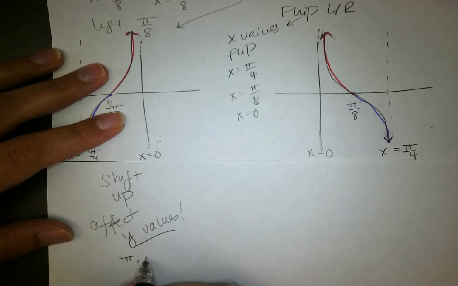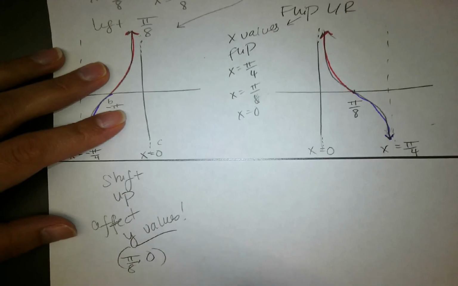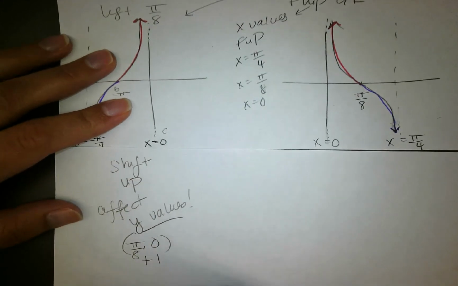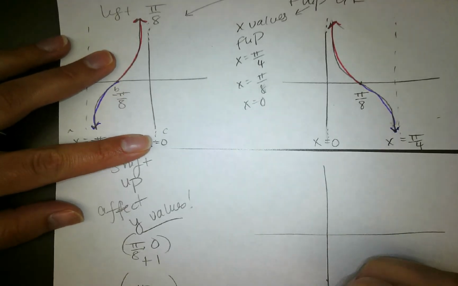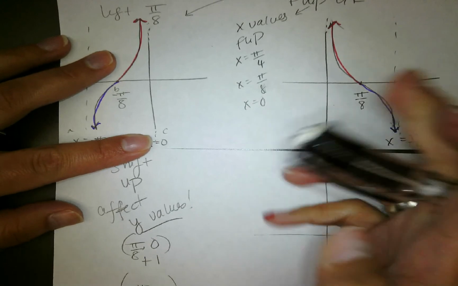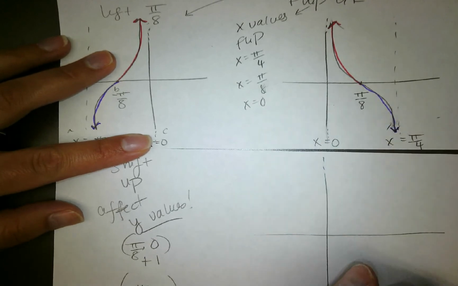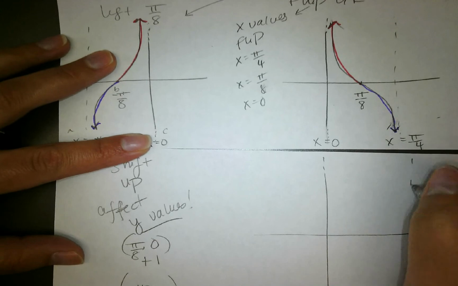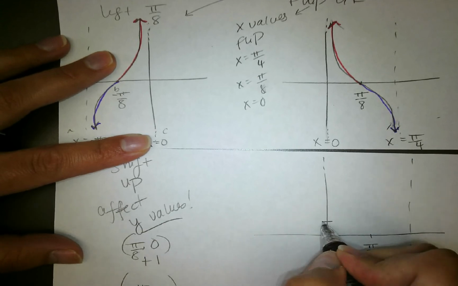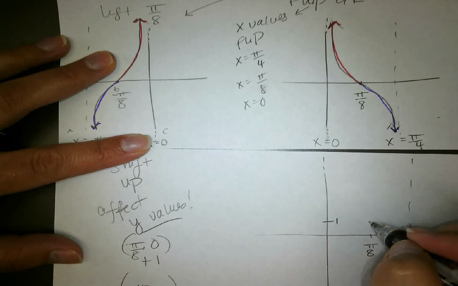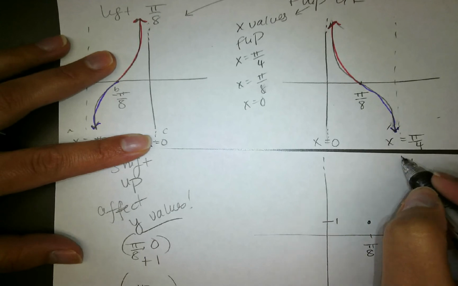Right now we're at pi over 8 comma 0 for our intercept. So we're going to add 1, so it's going to be pi over 8 comma 1. So we have still this guy, x equals 0. Still this guy, x equals pi over 4. Still in the middle at pi over 8, but now we're going to go up 1. So now the center point is going to be there.